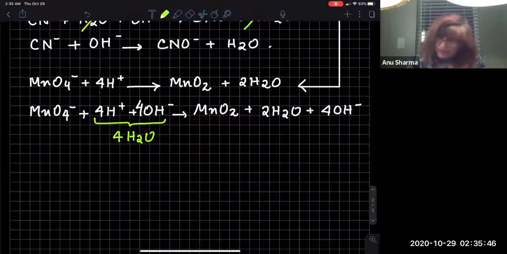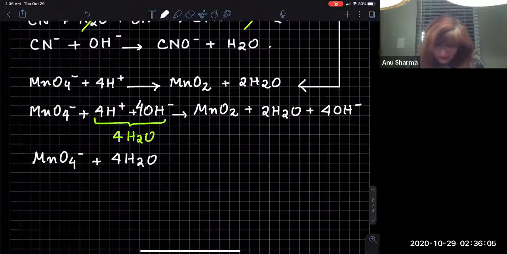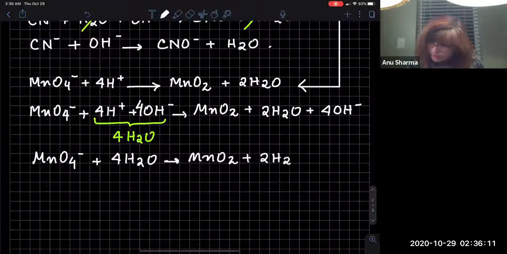Now we have a scenario where we'll have to cancel out the waters. So let's write down this whole thing again. MnO4⁻ plus 4 H2O gives you MnO2 plus 2H2O plus 4 OH⁻.